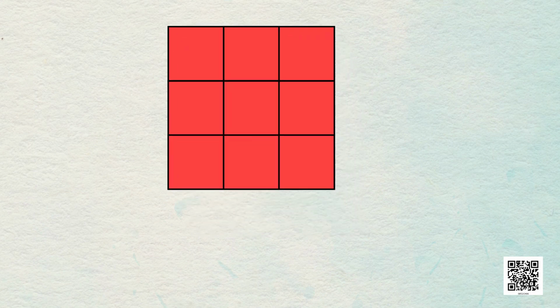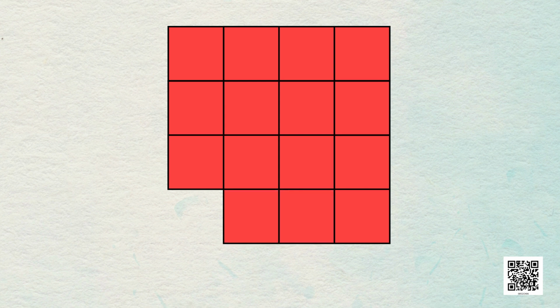Let's see. 1, 2, 3, 4, 5, 6 and 7. If we add the fourth odd number 7, that is 7 more squares to the previous figure, we get 1, 2, 3, 4 and 1, 2, 3, 4. That is, we get a 4 by 4 square.